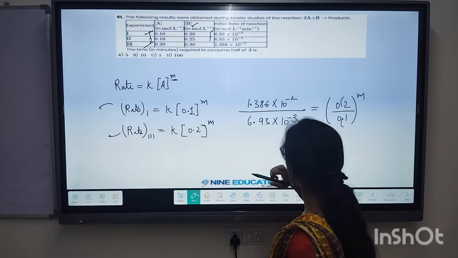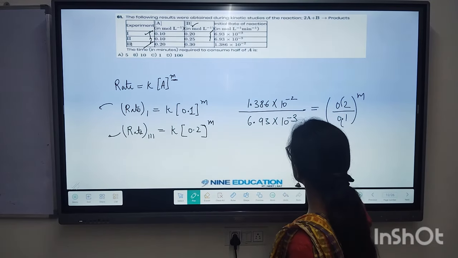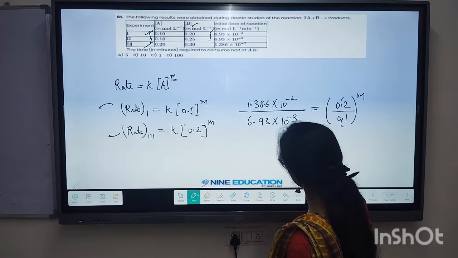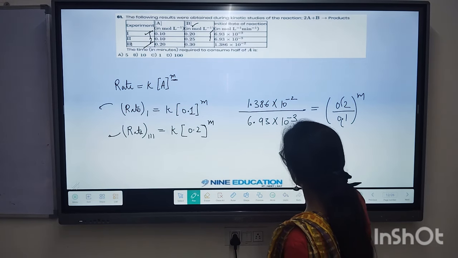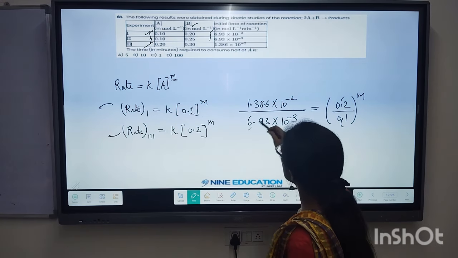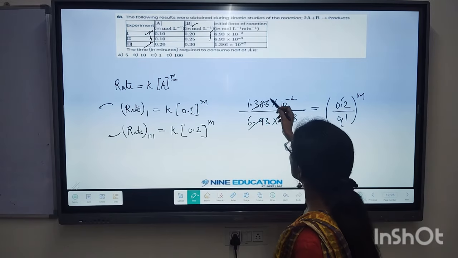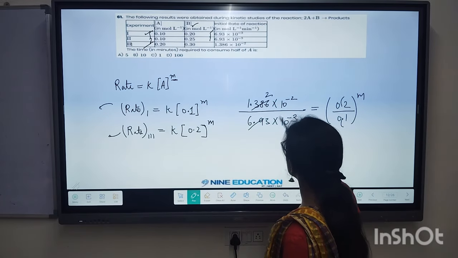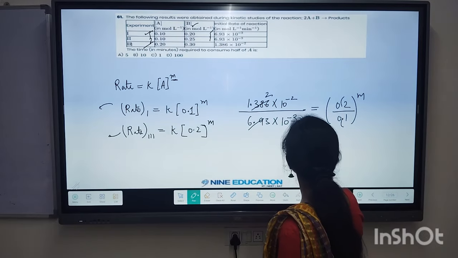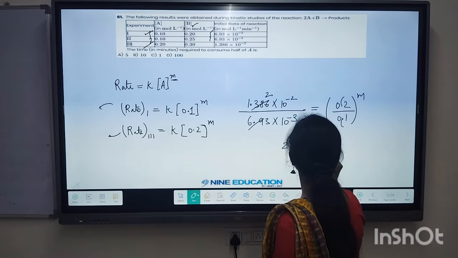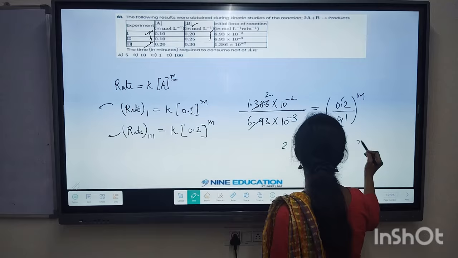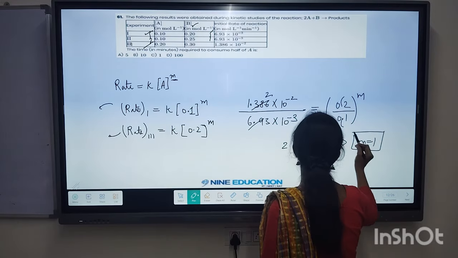Solving the left side, 0.693 into 10 to the power minus 2 cancels out and it comes to twice only. So 2 is equal to 2 raised to power m, which simply tells you the value of m is 1.